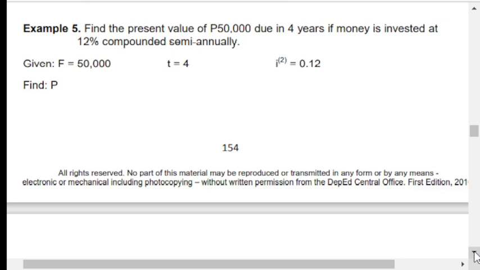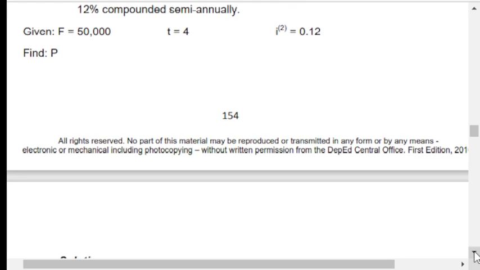So in this case, our final amount would be 50,000 pesos and the time is 4 and the nominal rate is 12%, 0.12.